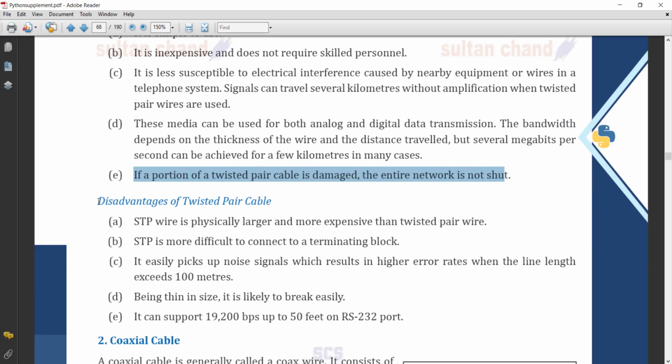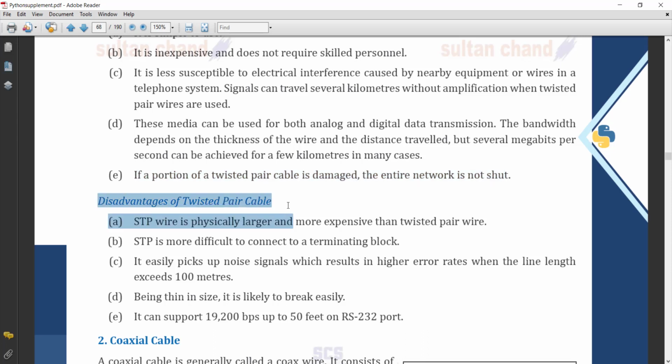Now next are the disadvantages of twisted pair cable. Write beside the heading, disadvantages of twisted pair cable. What are its disadvantages? Some disadvantages are because of high attenuation.